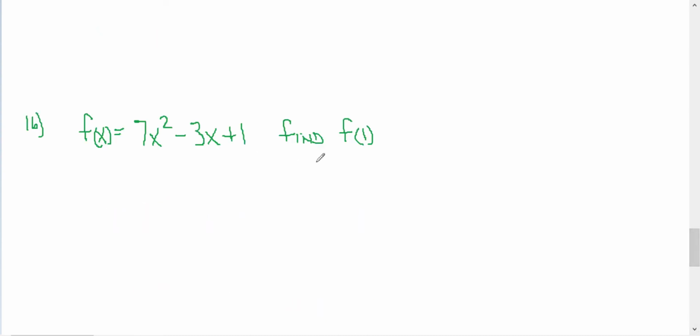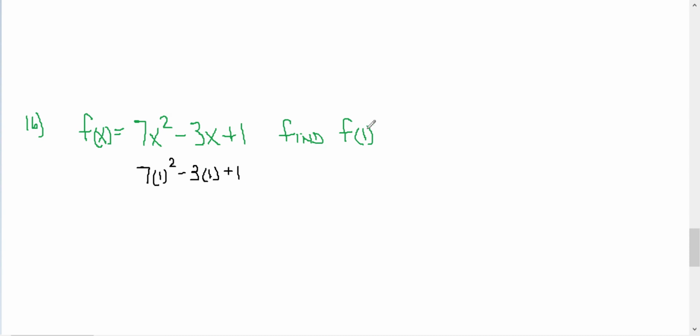How about this one? I got a trinomial here. And notice I got an x squared and x. I got 7x squared minus 3x plus 1. It says find f of 1. Okay, so again, that means 1 is going to replace every x. So it's going to be 7 times 1 squared minus 3 times 1 plus 1.